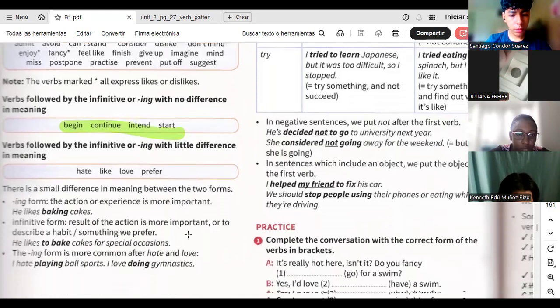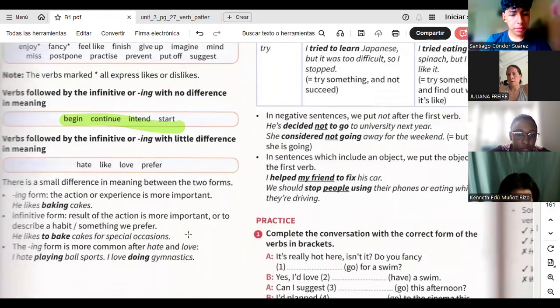There is a small difference in meaning between the two forms. With ing, the action or experience is more important. He likes baking cakes. With the infinitive form, the result of the action is more important, or we describe a habit, something we prefer. He likes to bake cakes for a special occasion. The ing form is more common after hate and love.